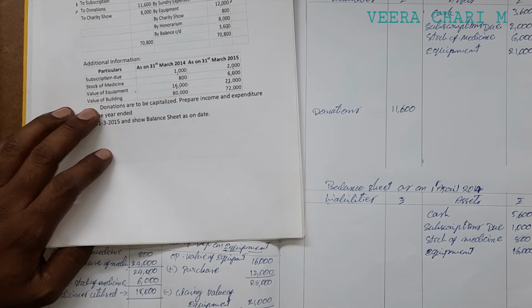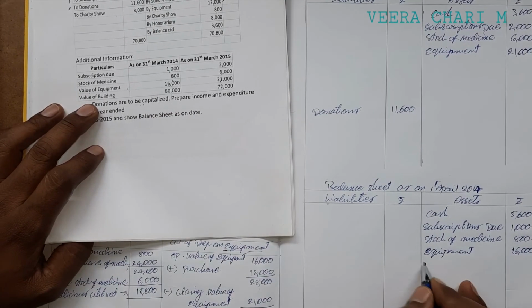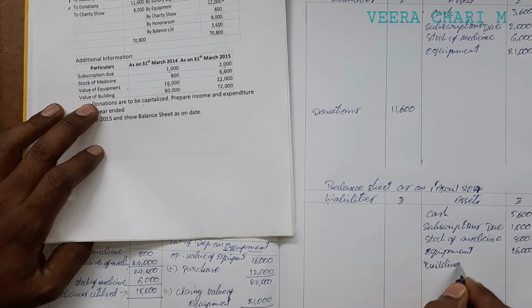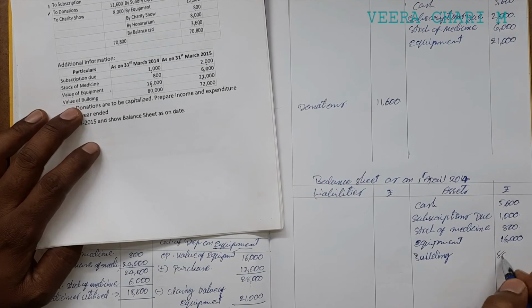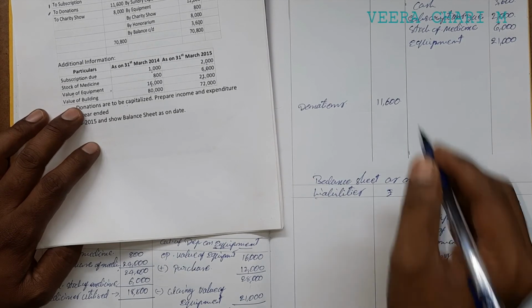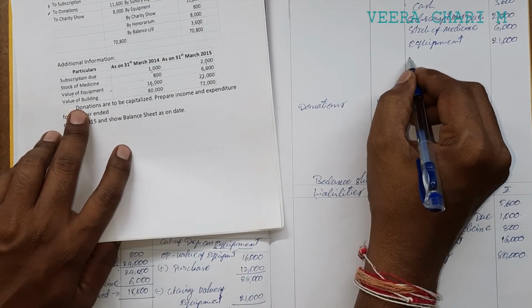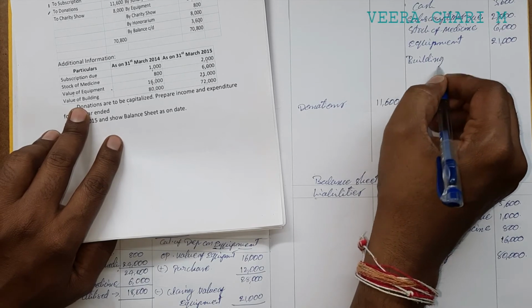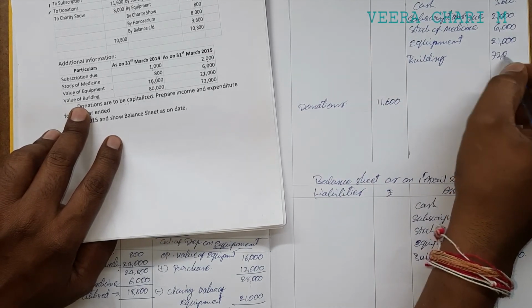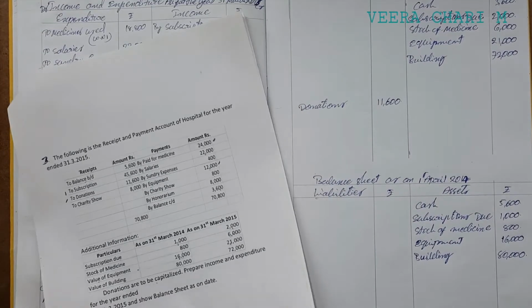Next, value of building. Opening value of the building is 80,000, right under opening balance sheet. The closing value of the building is 72,000, right under closing balance sheet. Whatever the difference, we cannot enter into the income and expenditure account.